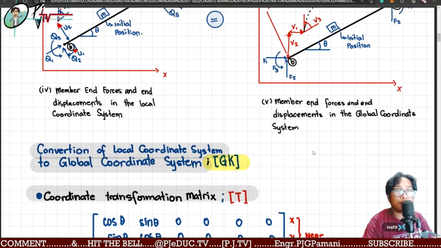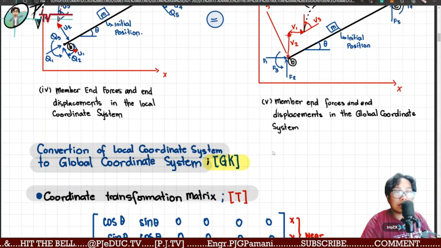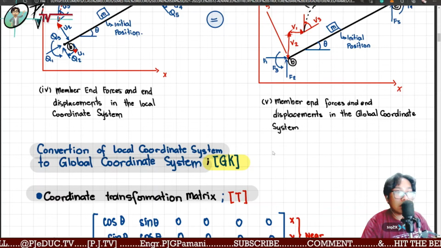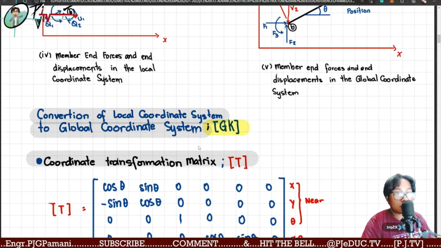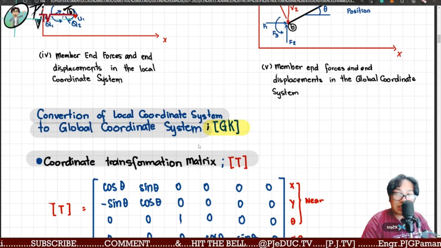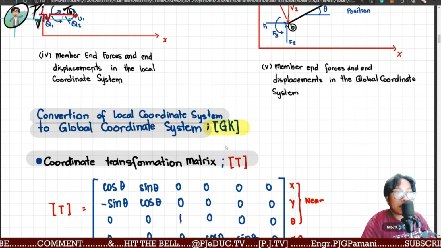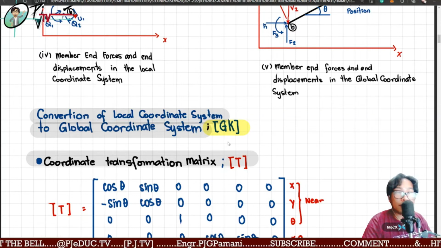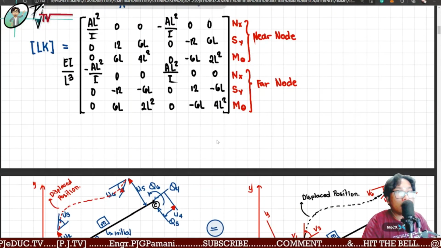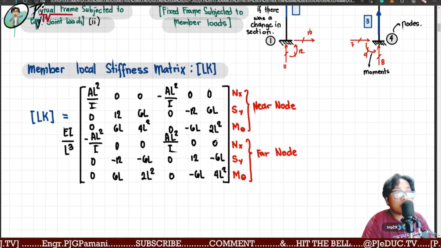But how do we convert a member's local coordinate system into a global coordinate system? So, conversion of local coordinate system to global coordinate system, or identifying our member global stiffness matrix. So kanina, meron na tayo nung ating local stiffness matrix.